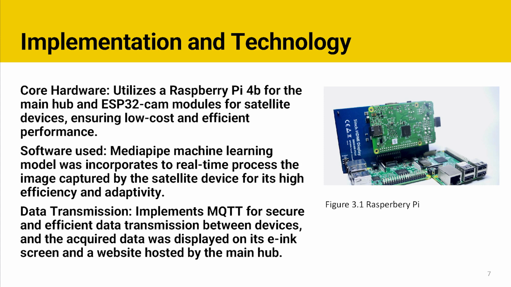For the software, the MediaPipe machine learning model was incorporated. It can be used for real-time processing, and the image captured by the satellite was sent back to the main hub and processed by this machine learning model. This model has high efficiency and adaptivity.